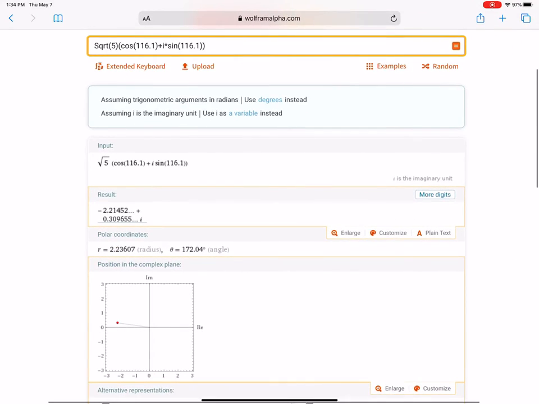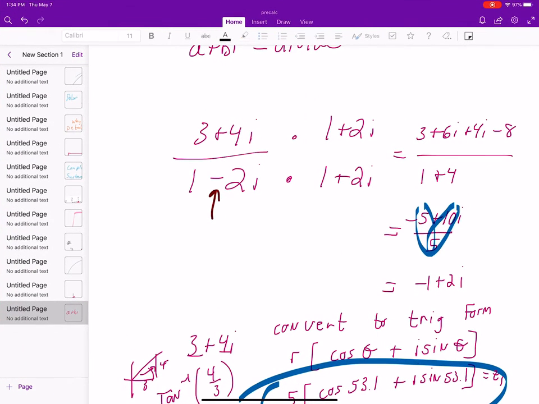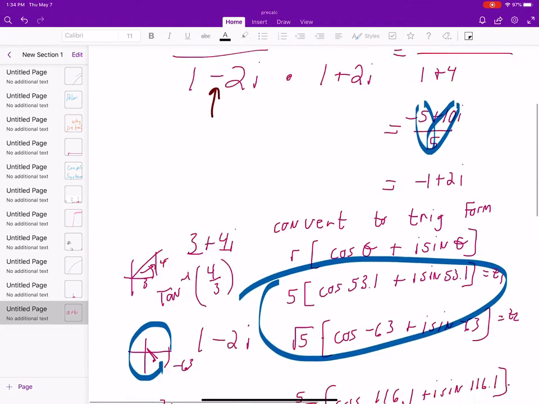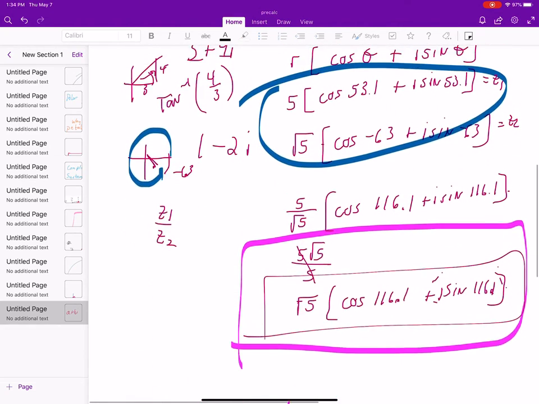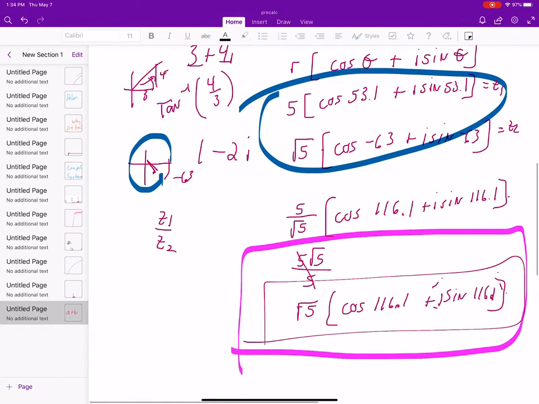So let me go back to this. All right, let's see. I think I did that part correct. I'm going to look down here and see what we did. We had 53 and negative 63. And we had a square root of 5, so we're taking the top divided by the bottom.